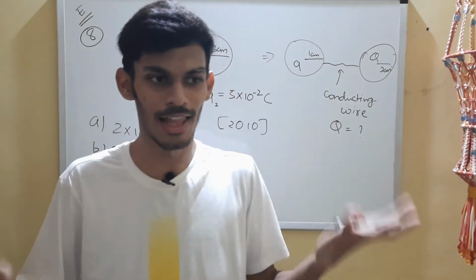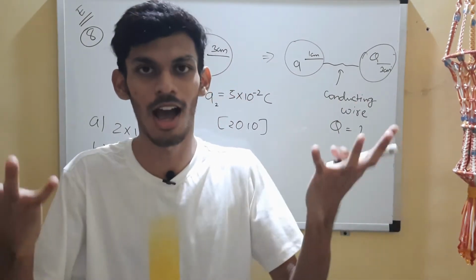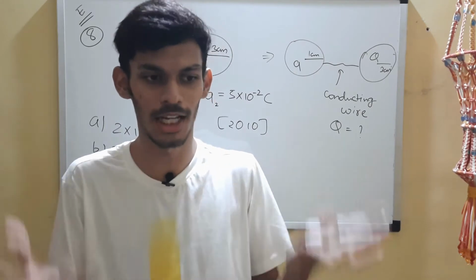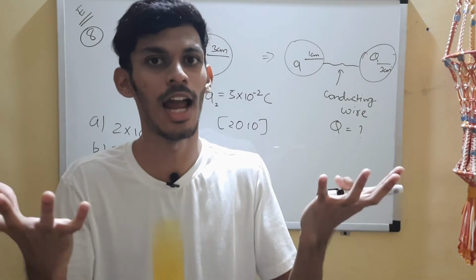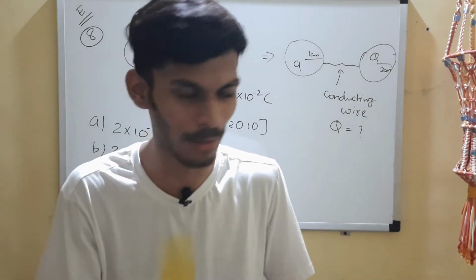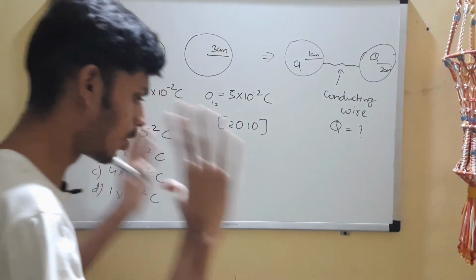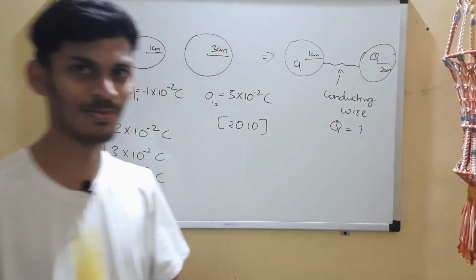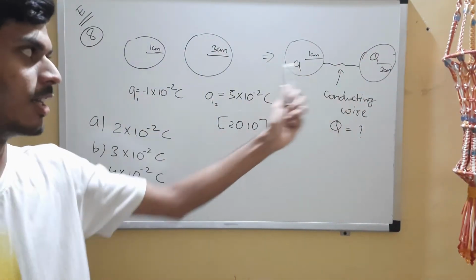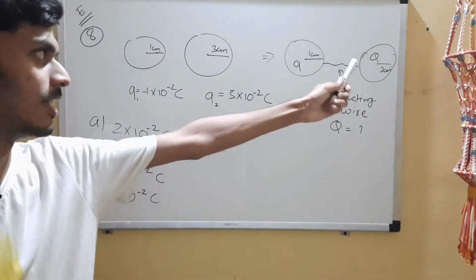Simple again, when the potentials of both the spheres are equal. When the potentials are equal, there will be no difference in potential and the charge will stop flowing. So the concept is to equate the potential of the two spheres. When the potential is equal, the charge will stop flowing, and this will be the condition.